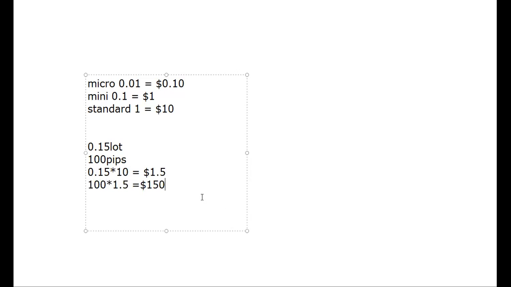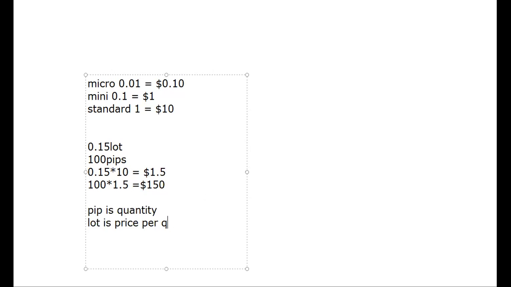That's how I explain it: the pip is like quantity, while lot size is price per quantity.